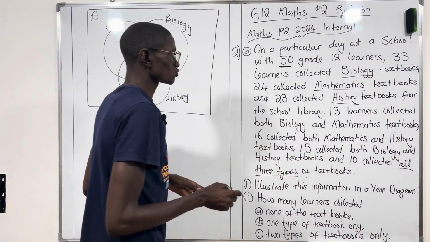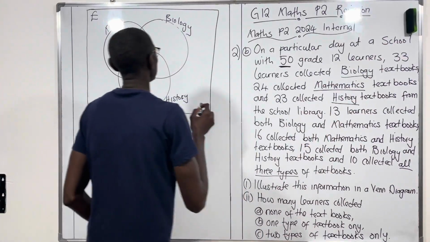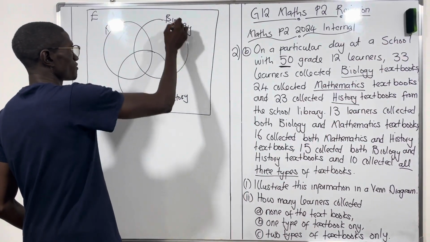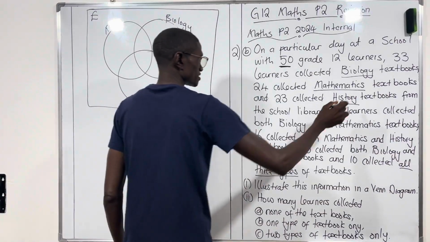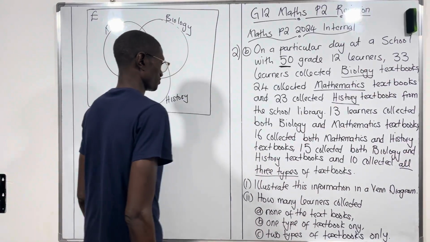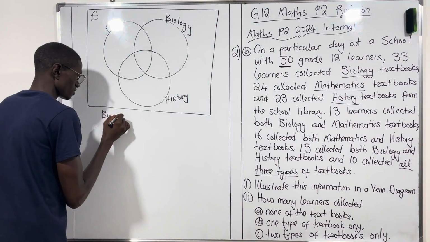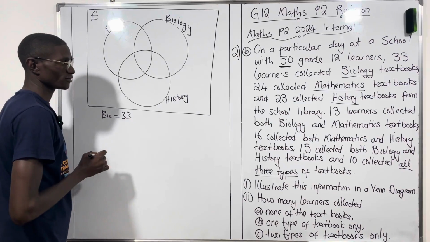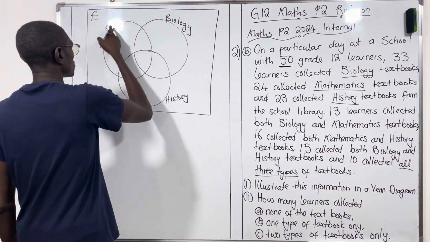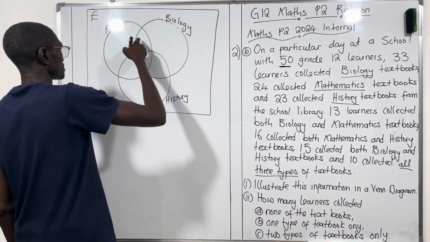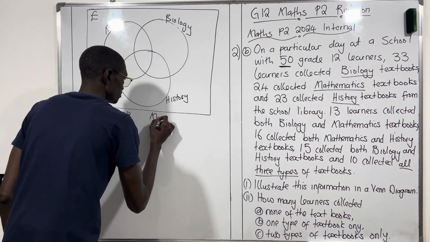Okay? And then we're told 33 learners collected biology textbooks, meaning for this entire set for biology, when you add everything there, you should get 33. So the total for biology is 33. 24 collected mathematics, so the total for the set for mathematics should be 24.